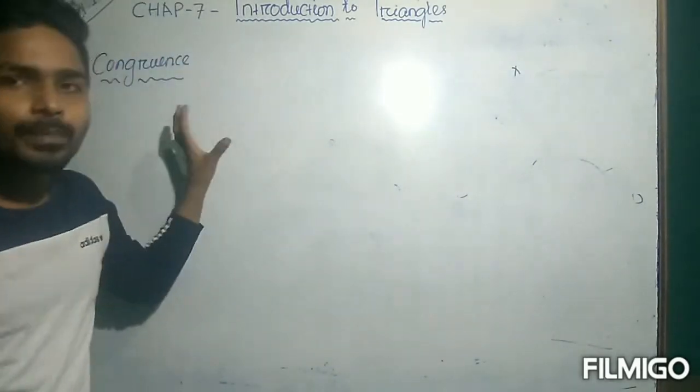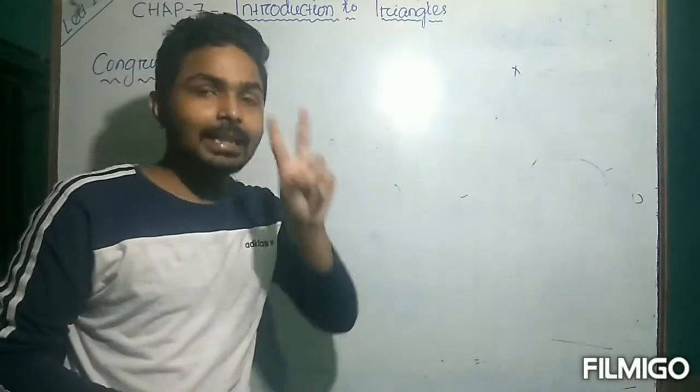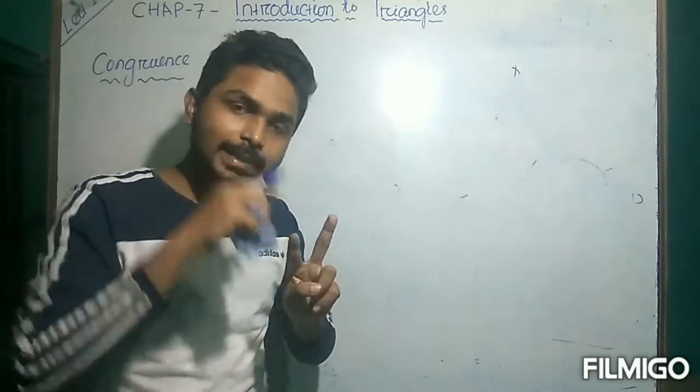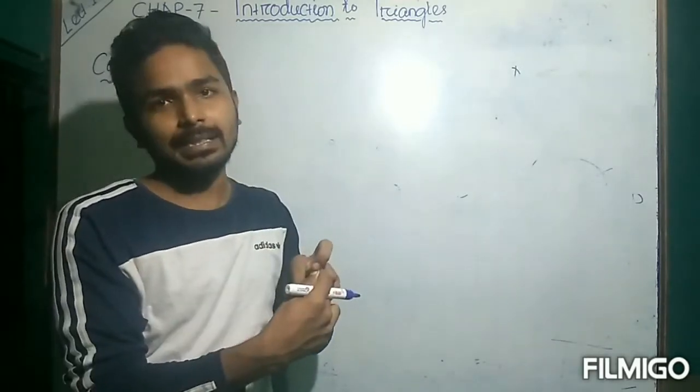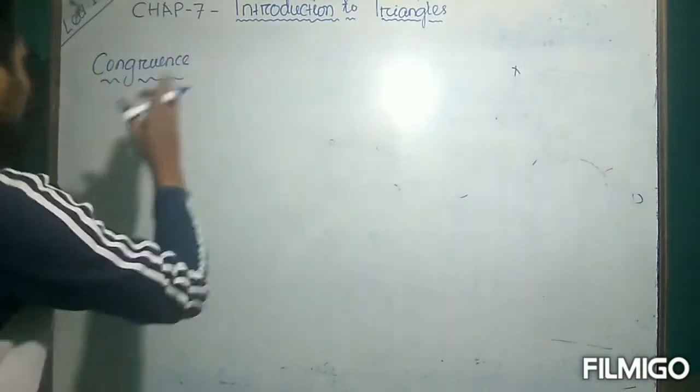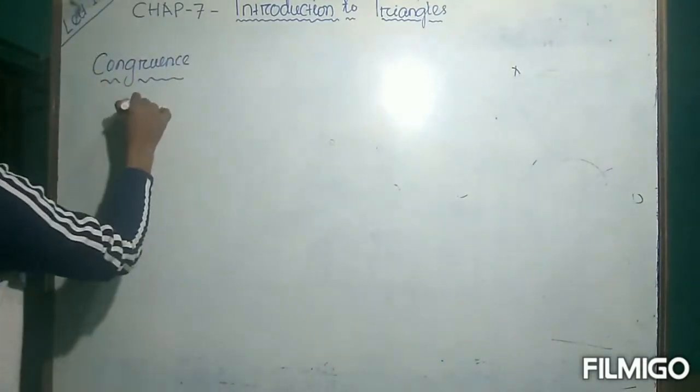Literally, the meaning of congruence is: if there are 2 figures, and they have same shape and same size, then these 2 figures are known as congruent. So let us write the definition first.